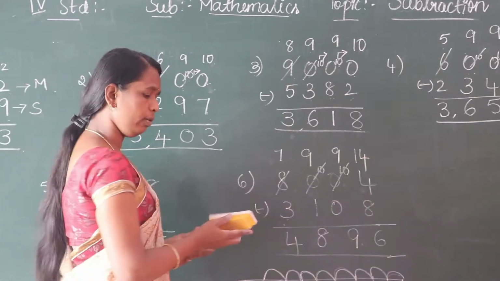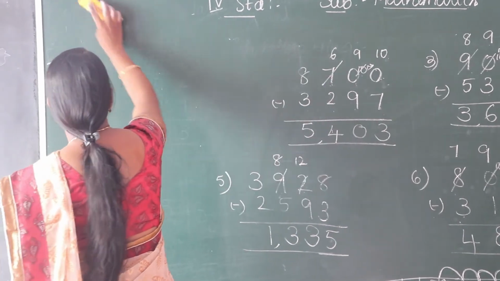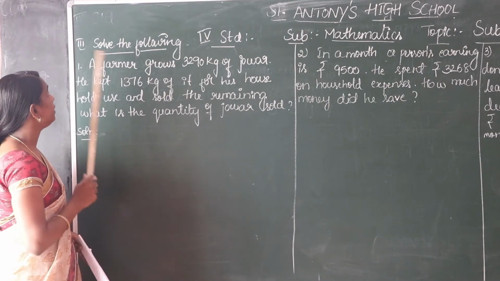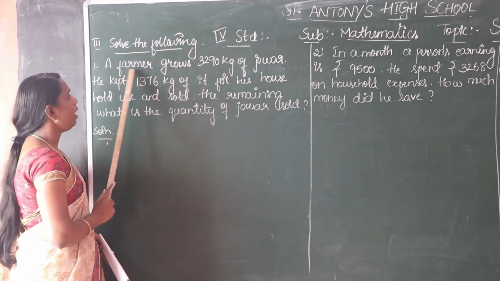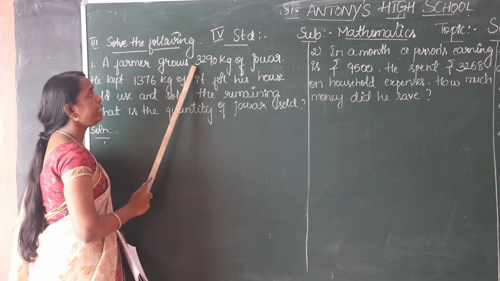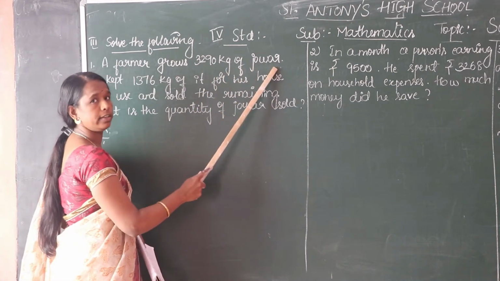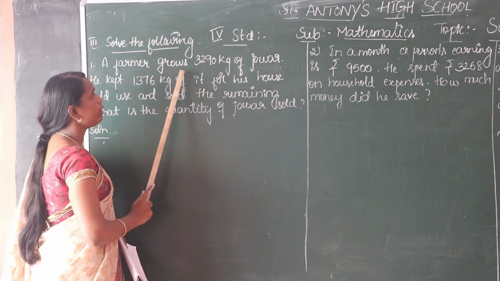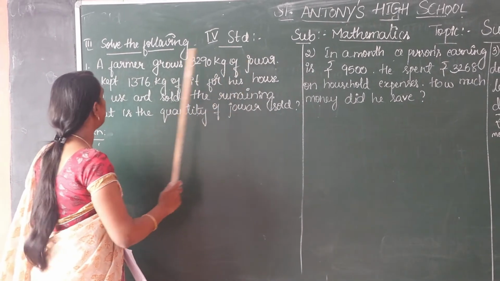Next, go to the next main. That is, solve word problems. Children, in the third main, solve the following. Read the question. A farmer grows 3,290 kg of jowar.